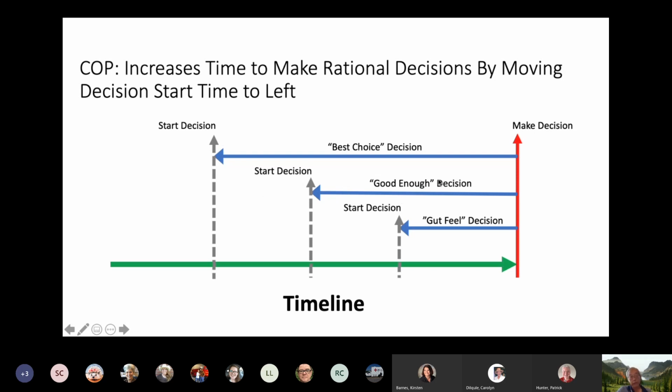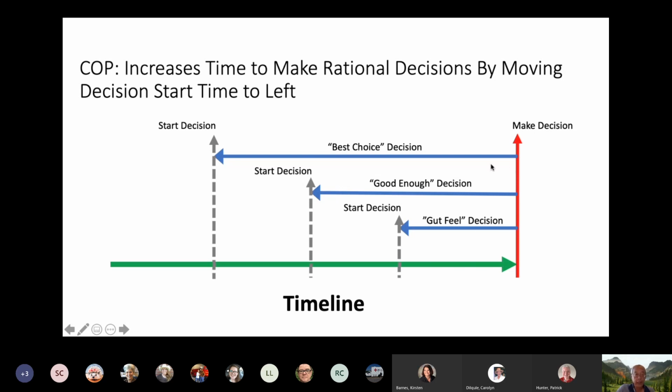We talked about the good enough, which was the bounded rational model. See here, the start time is shorter, and with the gut feel, you really have a very short time frame to make your decision.